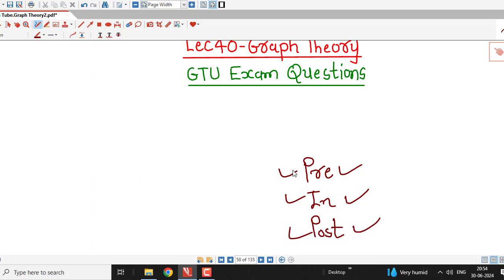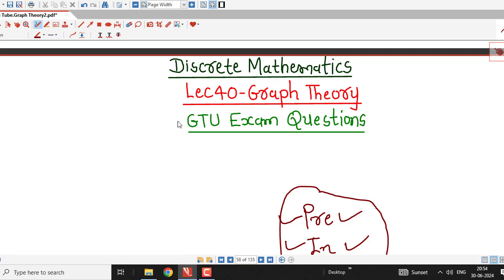We have discussed the ordinary method, as well as one shortcut method for finding pre-order, in-order and post-order traversals in earlier lectures, that is lecture number 38 or 37 on graph theory.